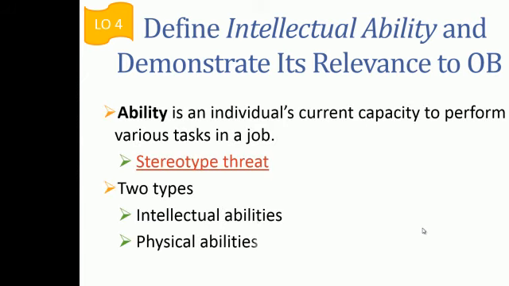So now we're going to move away from these biographical characteristics into other things that we differ on. The first thing that we're going to talk about is ability. This is a person's current capacity to perform various tasks in a job. What I do find interesting here is that you can change how well somebody does their job just by activating stereotypes.